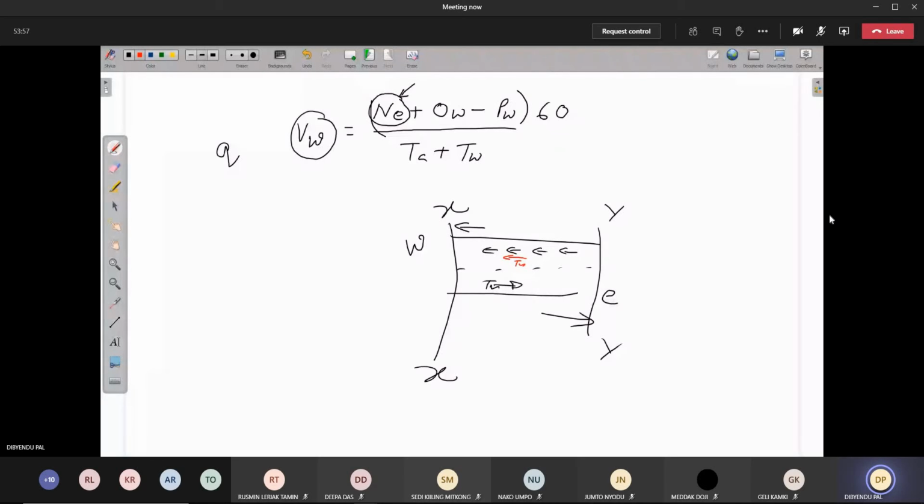Then what we have done? We have calculated the number of vehicles that have overtaken the test vehicle when it was moving towards west. So this was denoted as OW. And the vehicles which were overtaken by the test vehicle, we have denoted as PW.